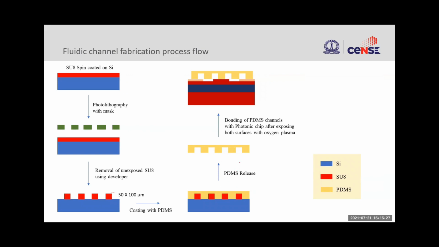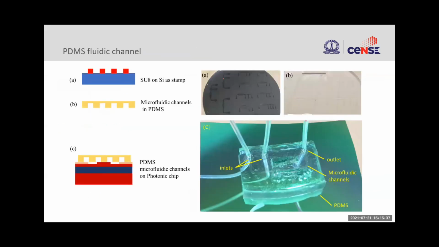Following the curing process, we release the PDMS. After releasing, we place it on top of the already fabricated photonic chip. On the right side is such a template where we make this SU8 template, and when you pour PDMS, this is how it looks, and then we can release the PDMS.